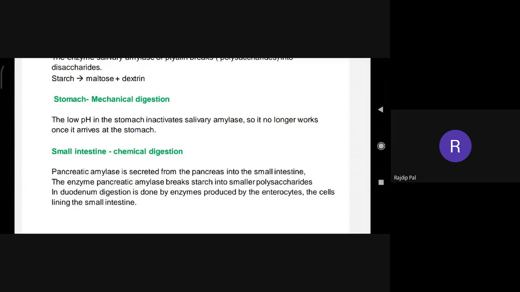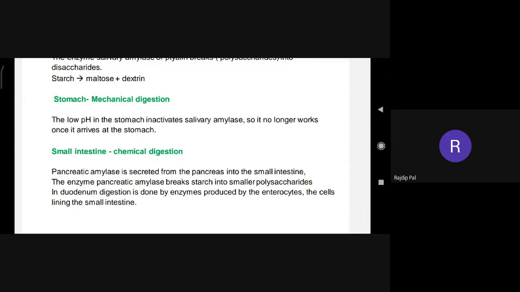Salivary amylase only works in the mouth and esophagus. When the bolus reaches the stomach, the stomach juices, HCl, all these things are working, and salivary amylase is put down.